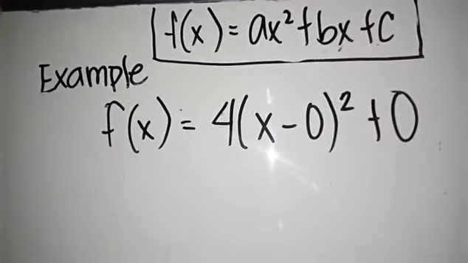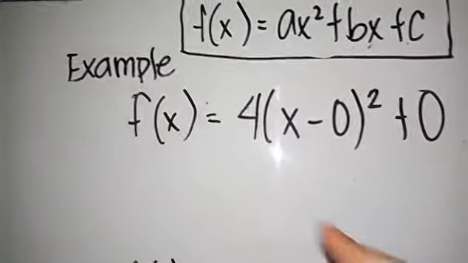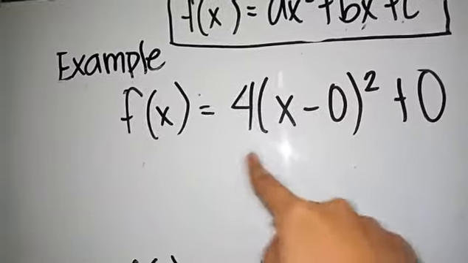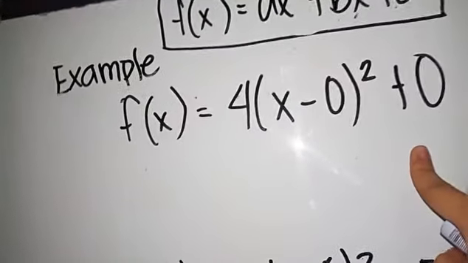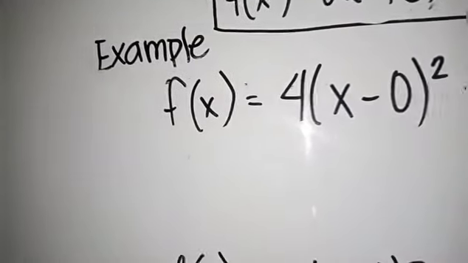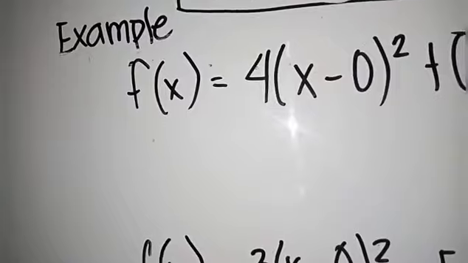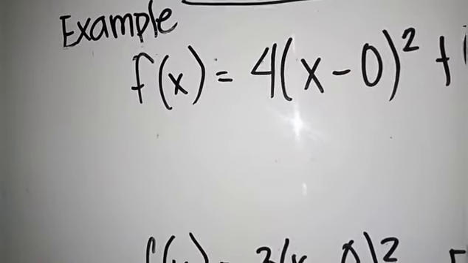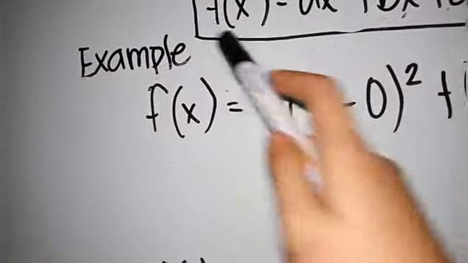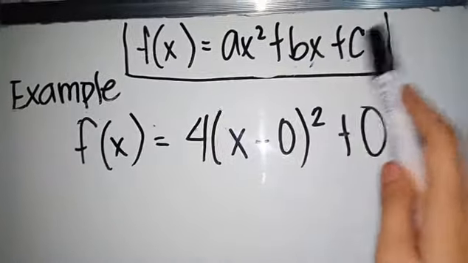Now, let's have another example. Kung mapapansin nyo, yung ating example ngayon ay in the form of vertex naman siya. So, the function in the form f of x is equal to a, the quantity x minus h, quantity square plus k, can be written in the standard form f of x is equal to ax square plus bx plus c.